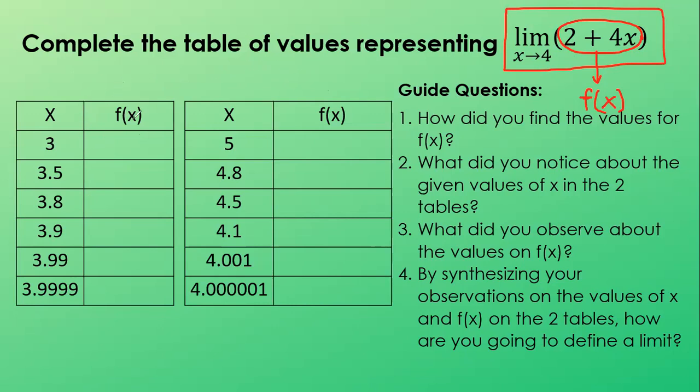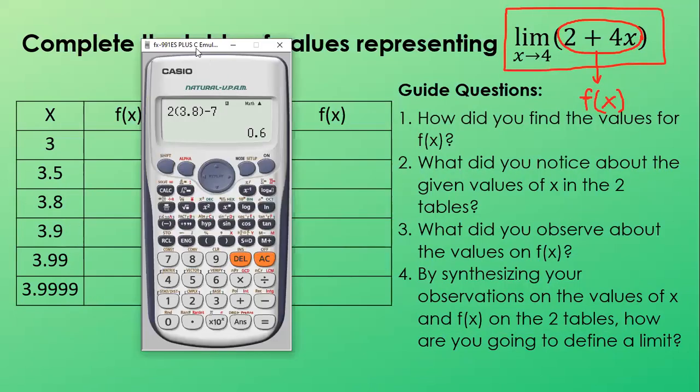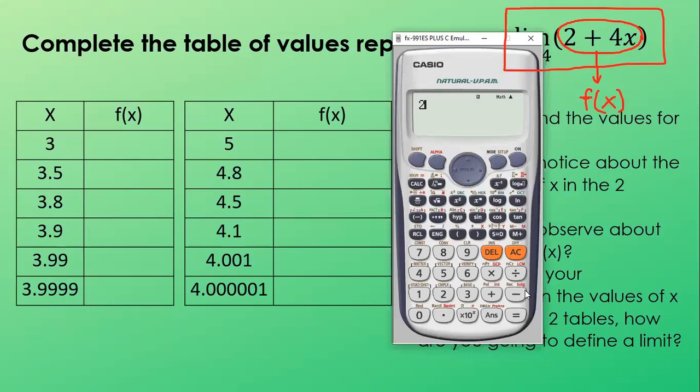Okay, so for x is equal to 3, let's find 2 plus 4x. Calculating if x is 3, that will give us 14. If 3.5, that will give us 16.